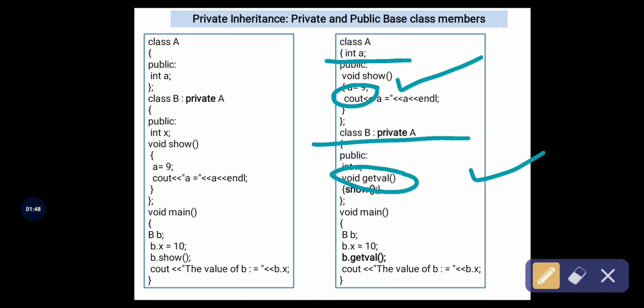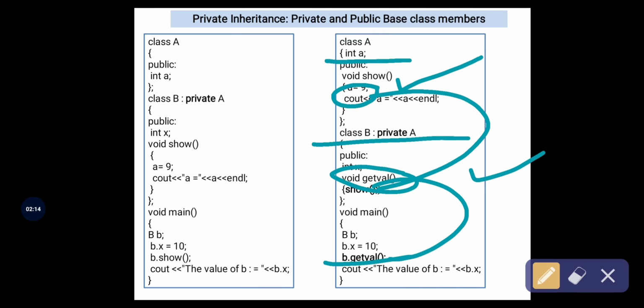Now, this public member function has to be invoked by a public member function of the derived class. So there is a two-step process. So getVal, which is a public member of the derived class, invokes show, which is the public member of the base class, and this show basically accesses the private data.